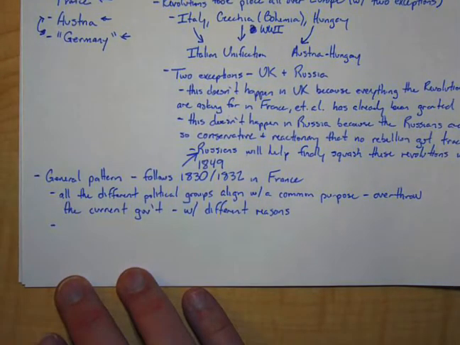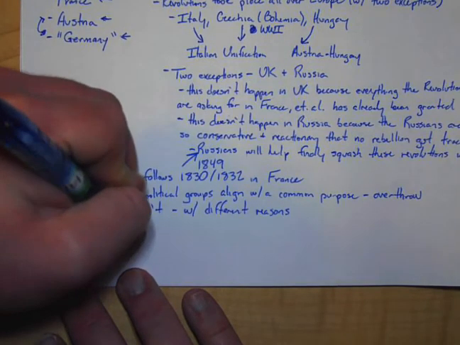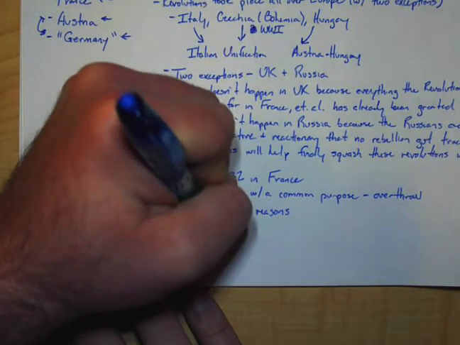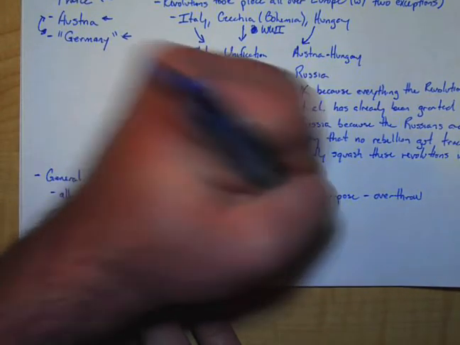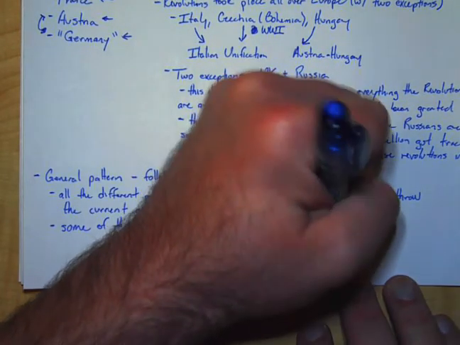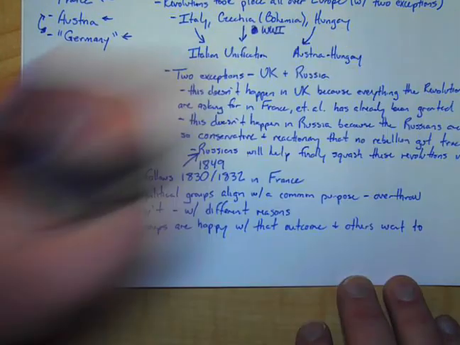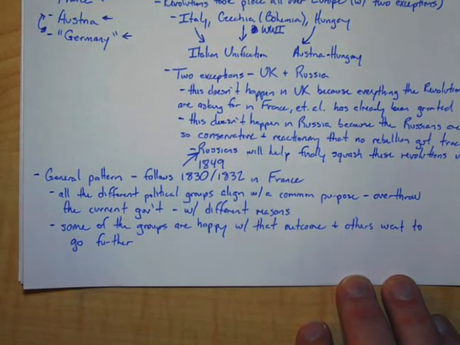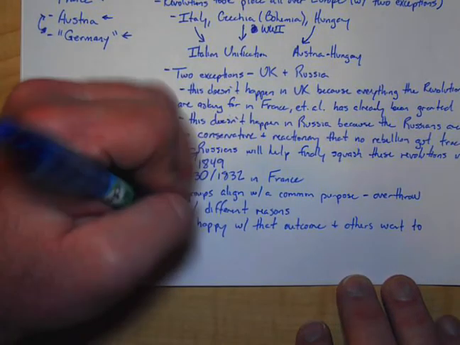But then some of the groups are happy with that outcome, and others want to go further. And so the groups that were formerly all aligned now come out of alignment and they start to fight each other.